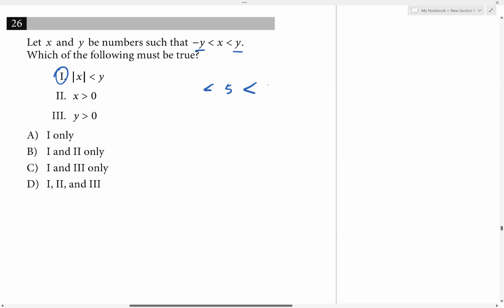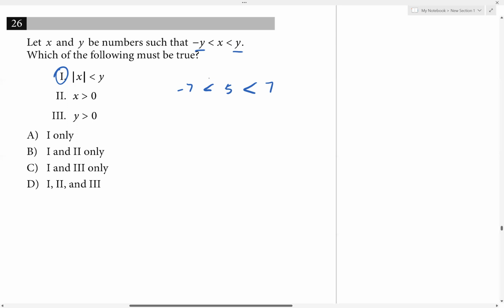No matter what x is, y should always be bigger. We can pick 7 and negative 7, for example. So if you take the absolute value of x, no matter if it's positive or negative, it should always be less than y. That's why statement 1 is good.